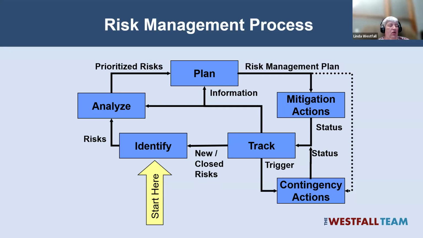What looks like a big risk early on, as you move closer and closer to that part of the project, it may get smaller and smaller. Of course, on the other hand, it may get bigger and bigger. And that information is going to feed into potentially reanalyzing or replanning for those risks.